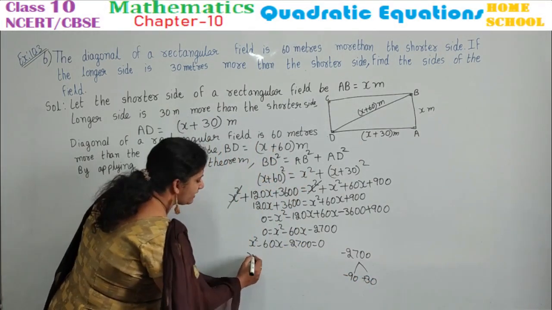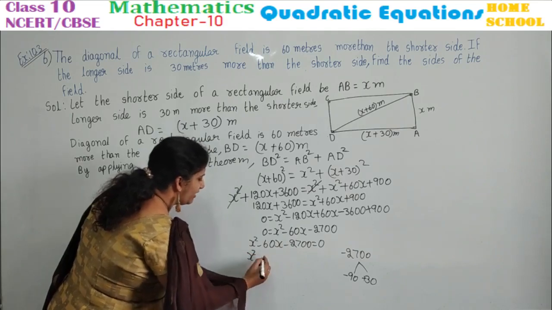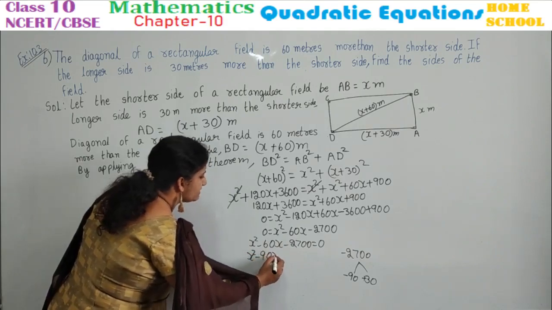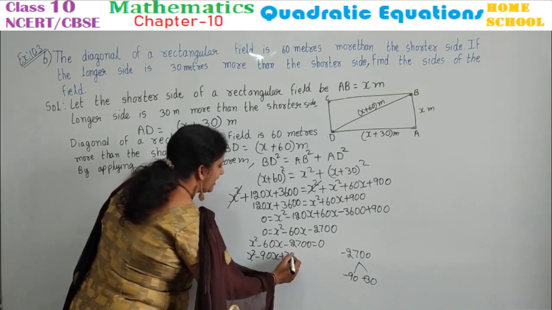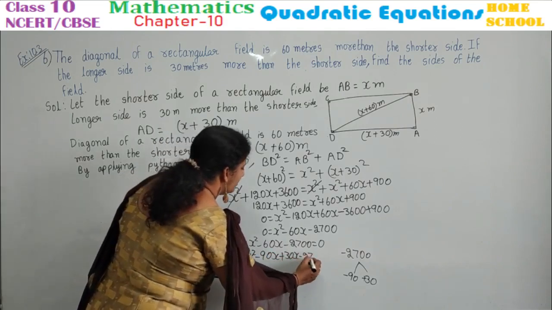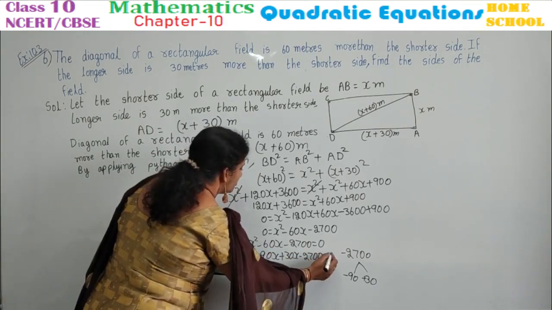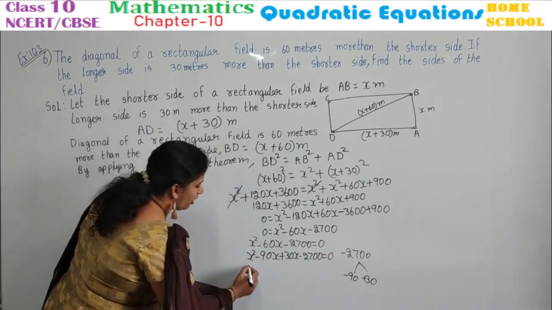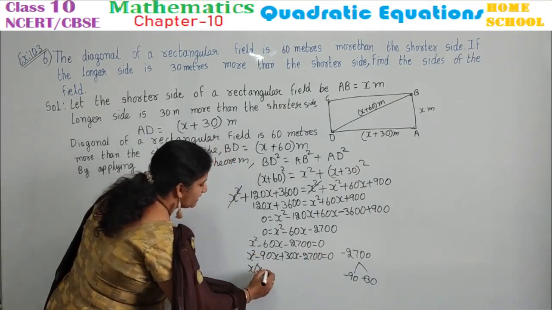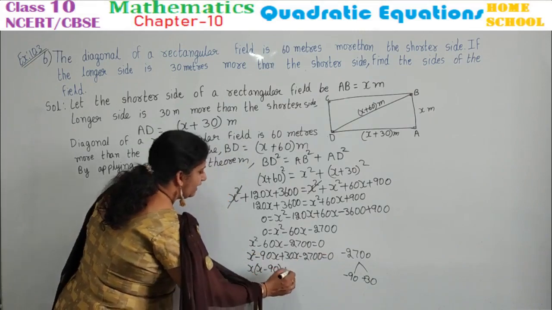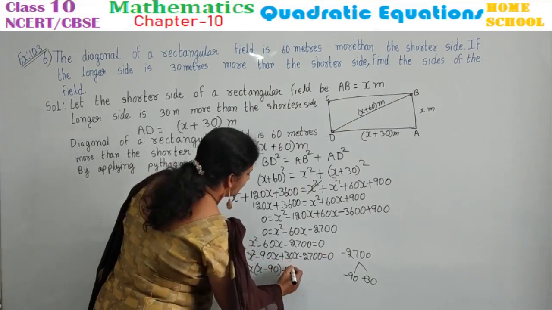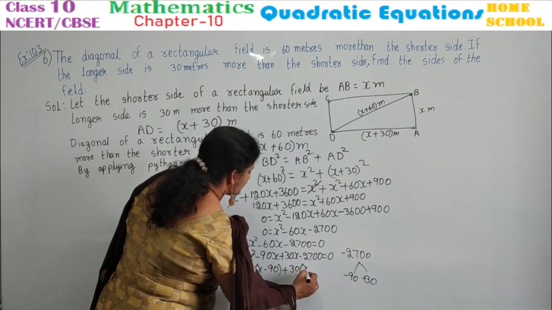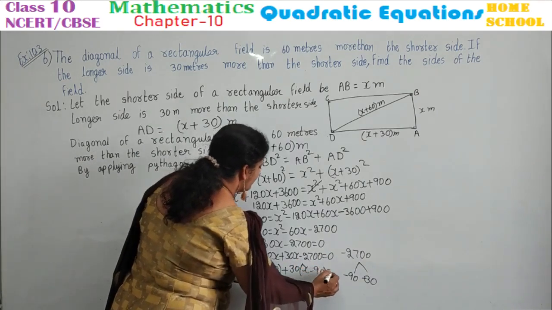Take down x square, split the middle term. Minus 90x plus 30x minus 2700 equal to 0. Take out common x, x minus 90, and here you take out 30 common, x minus 90.